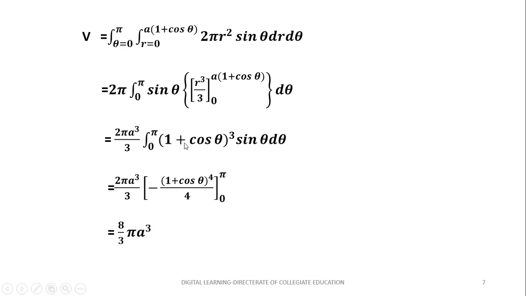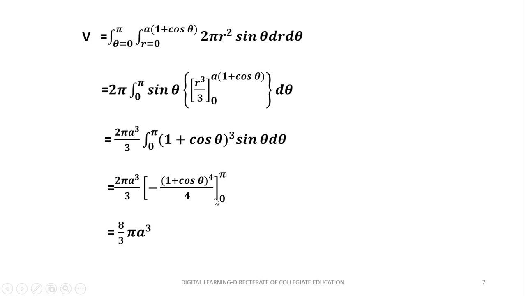Since differentiation of 1 plus cos theta is minus sine theta, and we know integration of x raised to n dx is x raised to n plus 1 divided by n plus 1, in a similar way its integration is equal to minus of 1 plus cos theta raised to 4 divided by 4, and limits vary from 0 to pi.